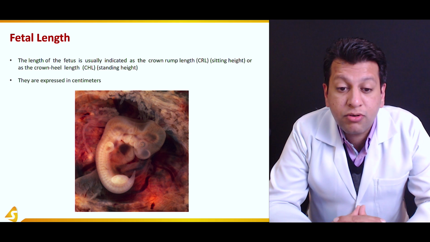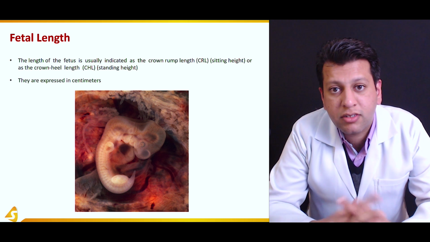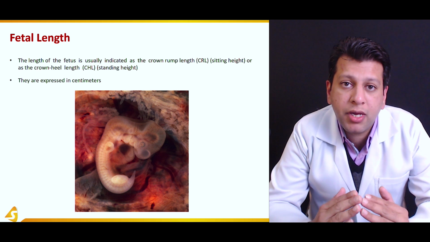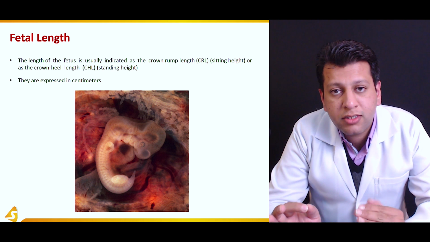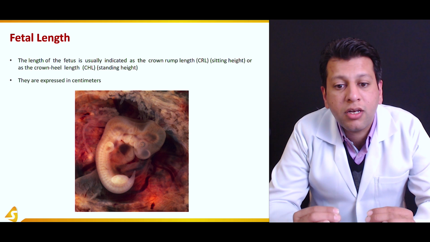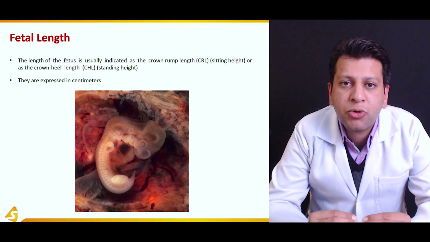Then the other is the crown heel length, which corresponds to standing on our heels and calcaneums. When you measure the length from the vertex to the heel of the child, that is the crown heel length. Although crown heel length does not signify as much, it is also an important indicator.